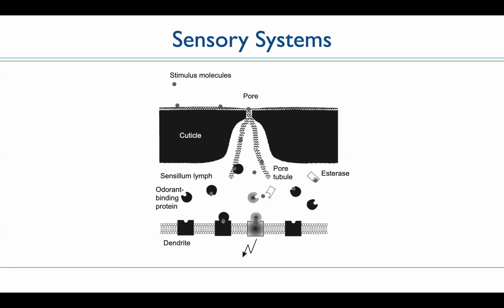Keep in mind that most of these odorant binding proteins and olfactory receptors are very specific for the molecule that's entering in that sensillum lymph. And then you also have these odorant degrading esterases to be able to break it down, remove that molecule from the odorant binding protein and stop that whole activity or action in the system.